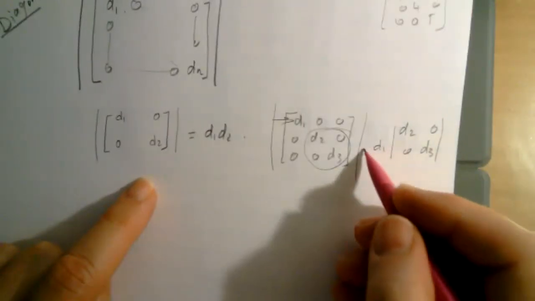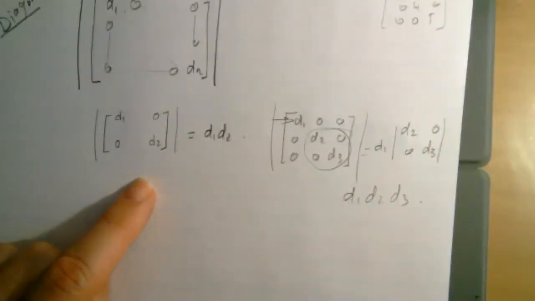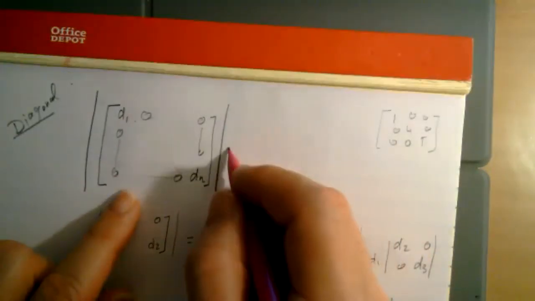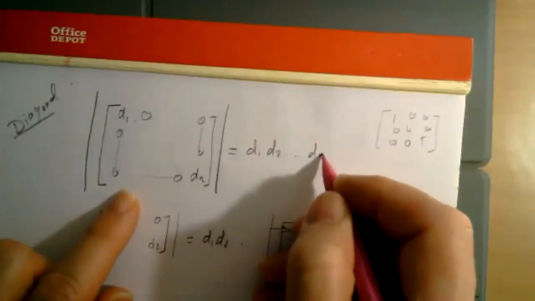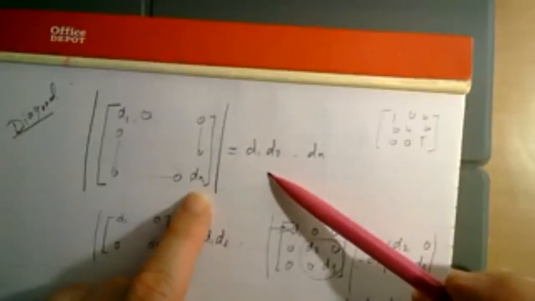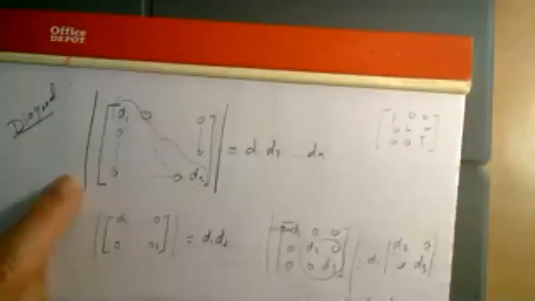What's the determinant of that matrix? D1, D2, D3. I can do that for 4 by 4, 5 by 5, 6 by 6. So for a diagonal matrix, the determinant is the product of the terms along the diagonal.